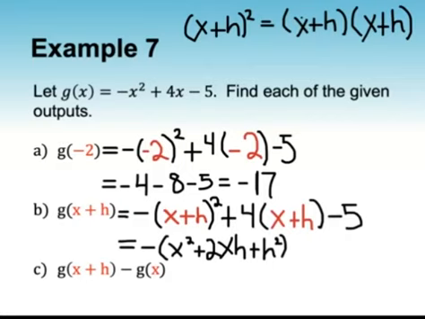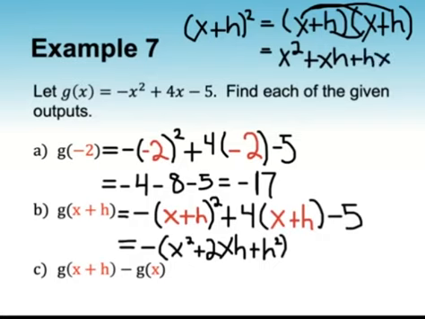FOIL is just another word for distribution of binomials. But we have x times x, that's x squared. And then we're going to do the outer ones multiplied, so x times h. That's xh. H times x, that's hx. And then we have h times h is h squared.